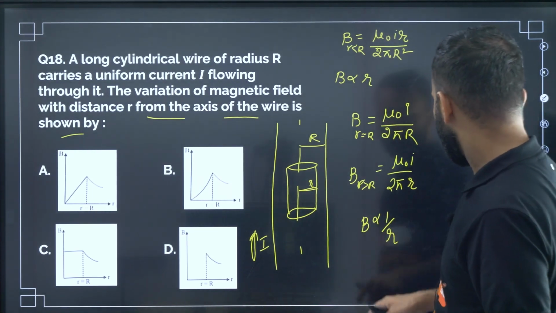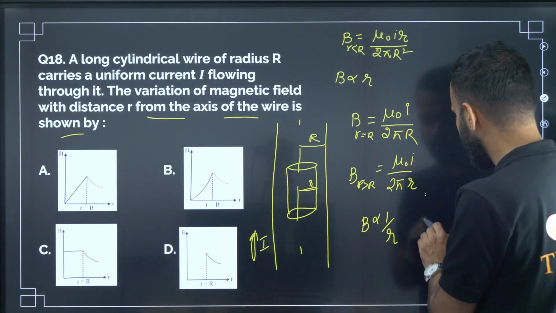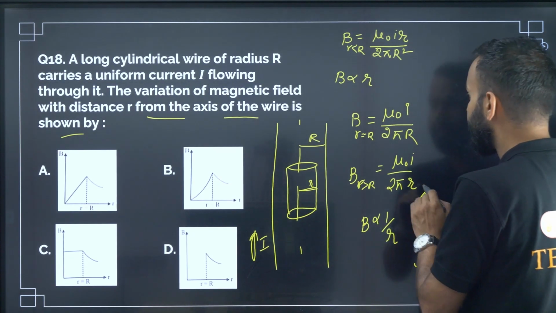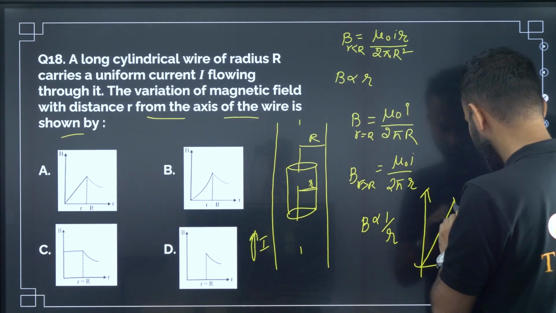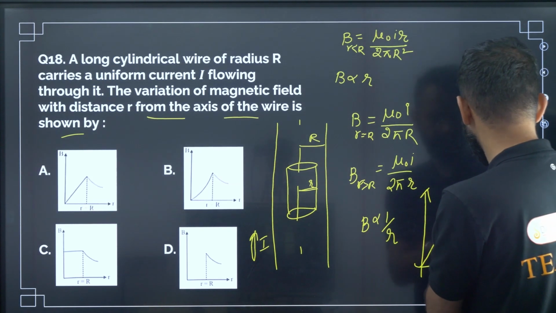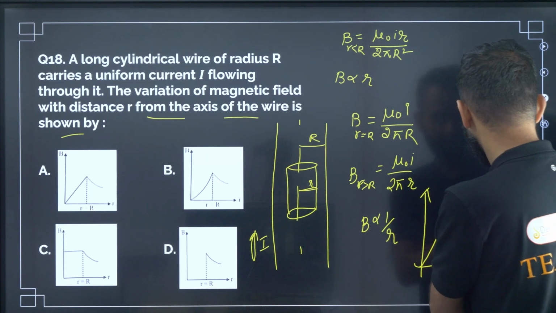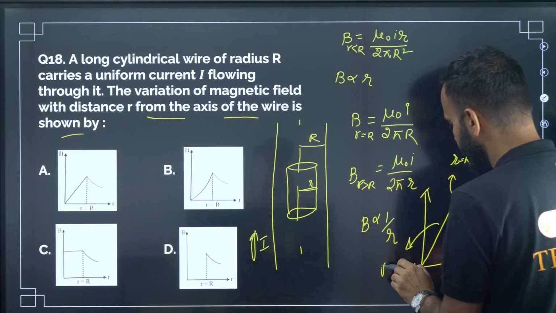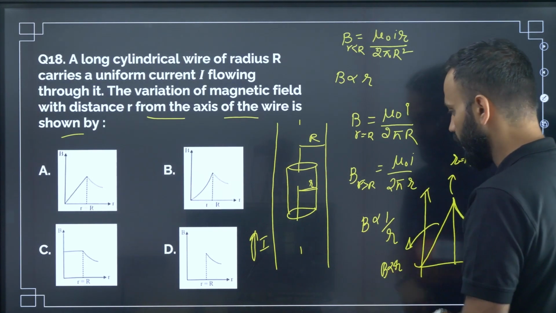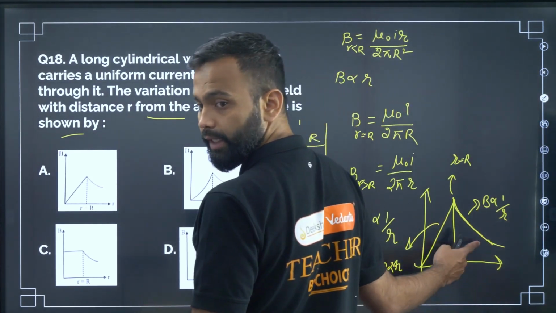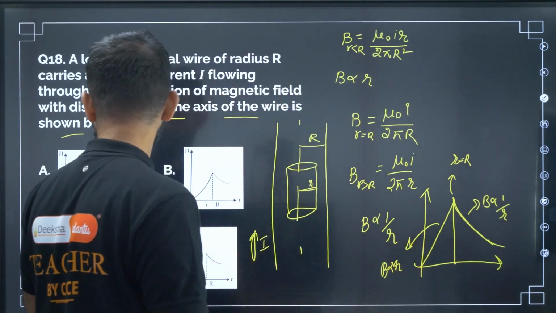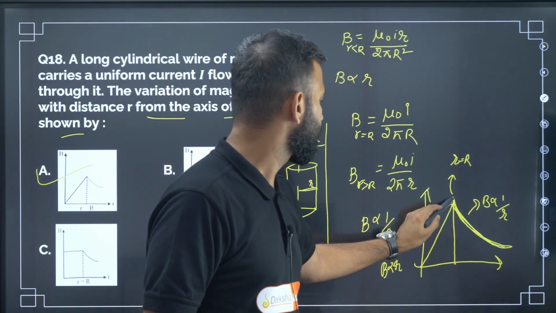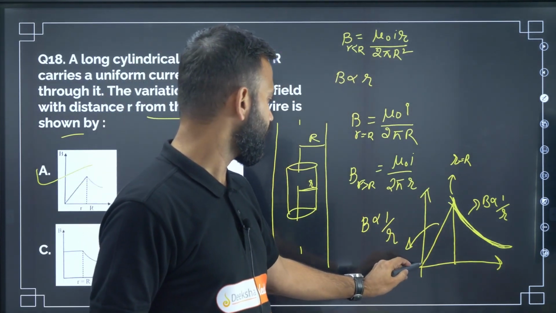If you draw the graph, the magnetic field increases till small r equals capital R, then it decreases like this. Here B is inversely proportional to r, and here B is directly proportional to small r. So this is the graph, and the correct option is A.